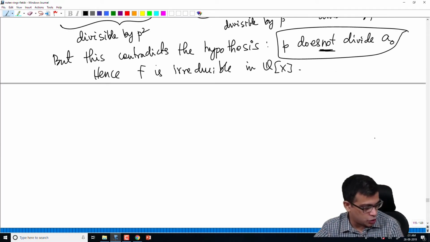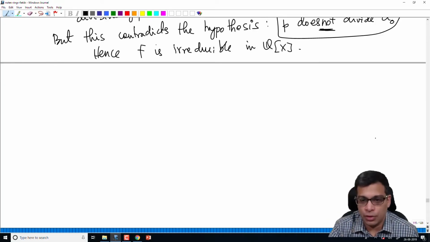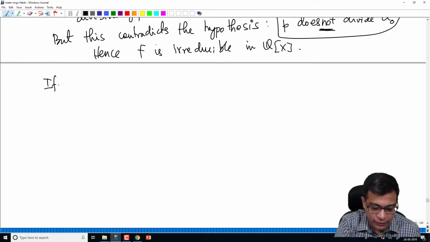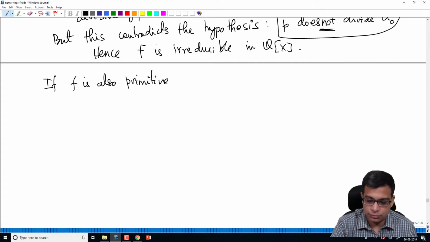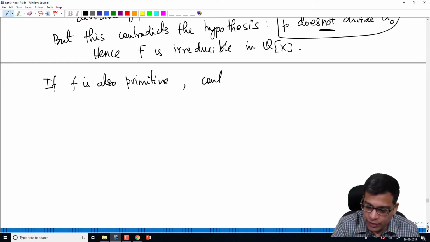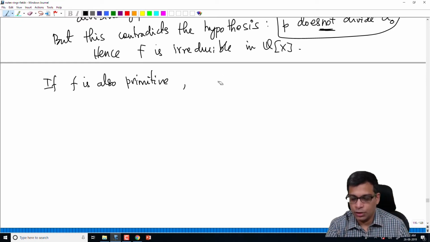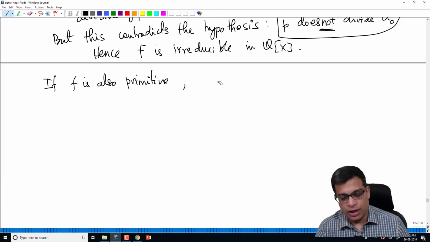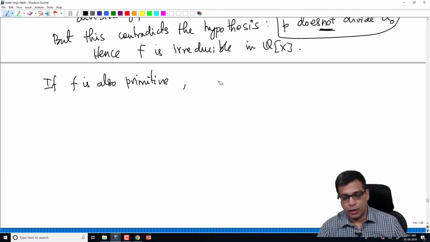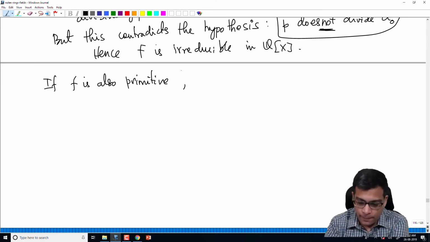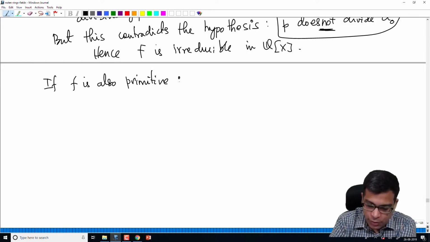If f is irreducible in Q[x] and also primitive, if f is also primitive, content of f is 1, so we want to now show that f has to be irreducible in Z[x]. So assume that f is also primitive.